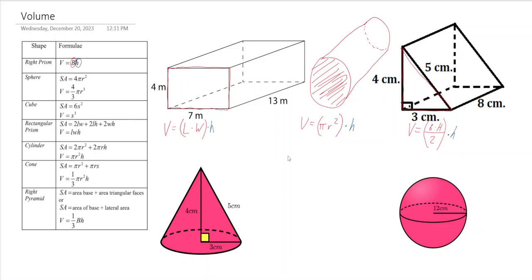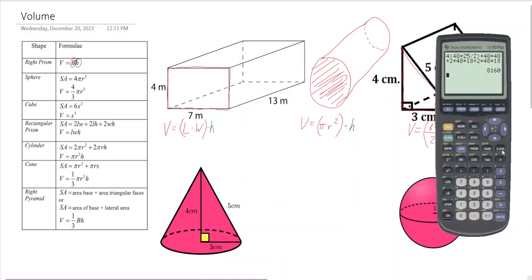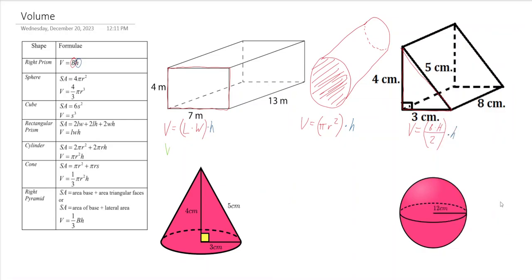Okay, so the first one is really easy. Length times width times height. I mean, it's as easy as it comes. So let's go ahead and calculate this. 4 times 7 times 13 is going to be the volume for this first shape. So it is 364 meters cubed.